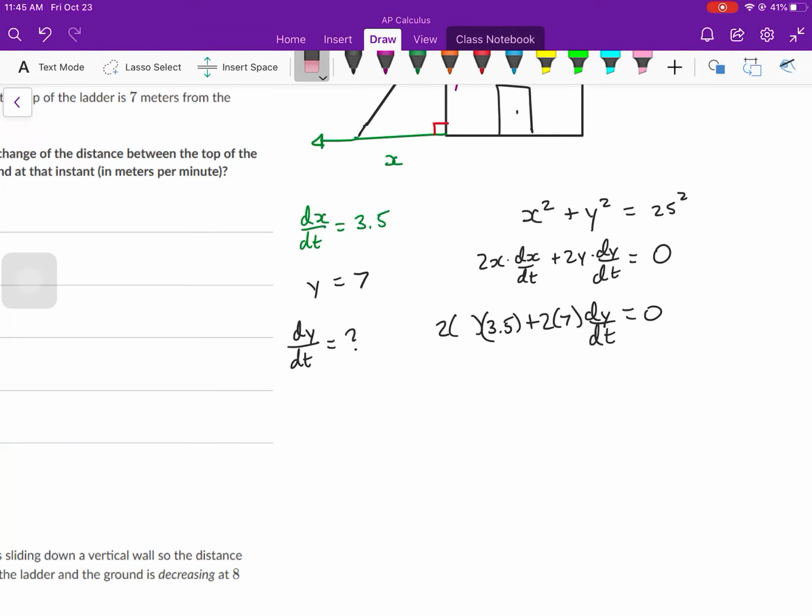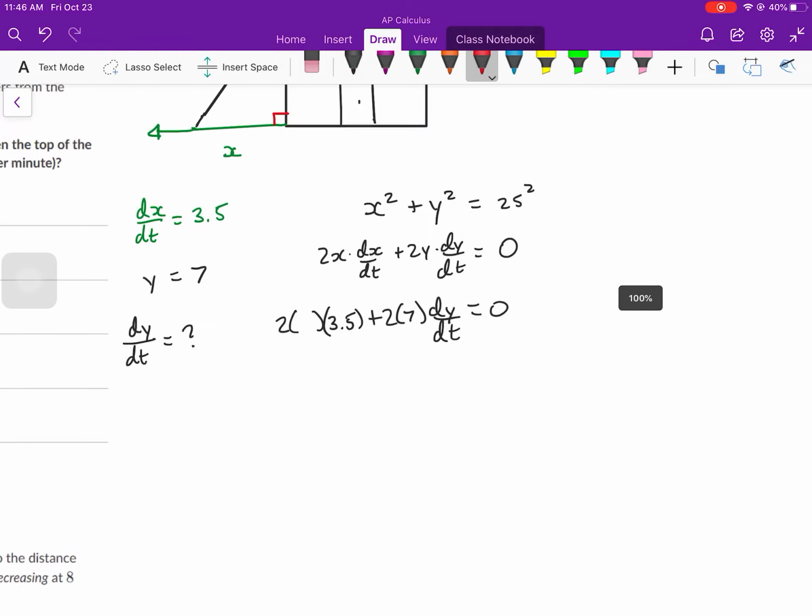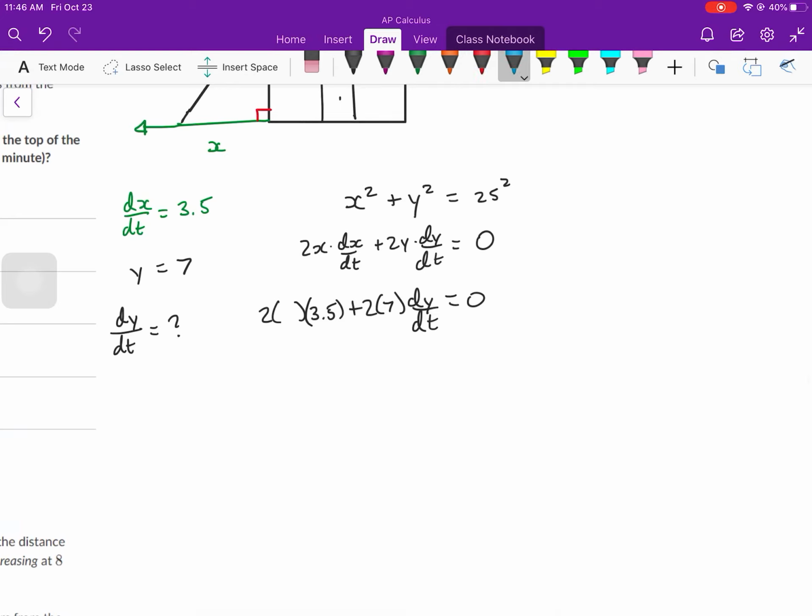Okay, so what is x? How are we going to find x? So this is kind of a classic problem. We saw this actually in the previous unit. So we know that from the original function, we're going to get x from this. We have x squared plus 7 squared equals 25 squared.